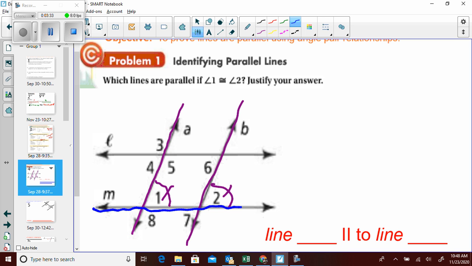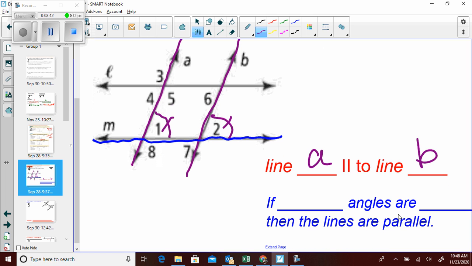That is my transversal. So if 1 and 2 are congruent, line A will be parallel to line B. And the reason is, what diagonals are these? If corresponding angles are congruent, then the lines are parallel.